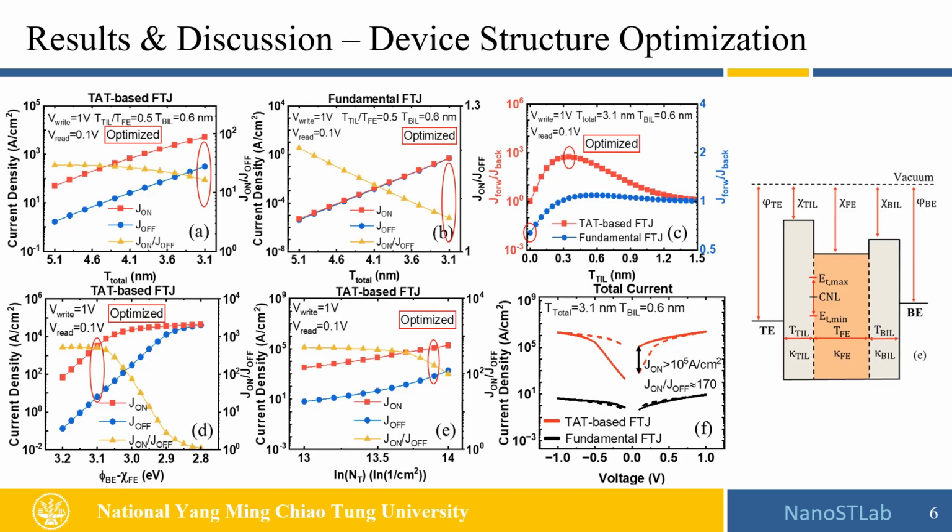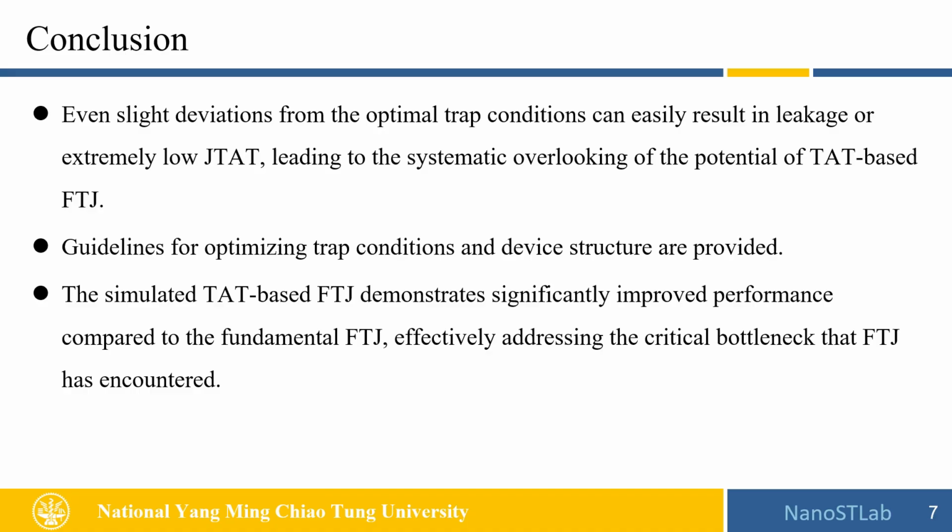So here's the conclusion: even slight deviations from the optimal trap conditions can easily result in leakage or extremely low TAT current, leading to the systematic overlooking of the potential of TAT-based FTJ.